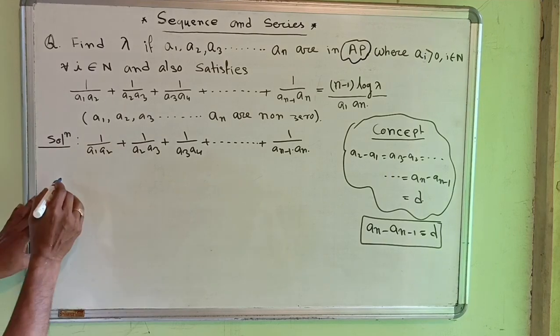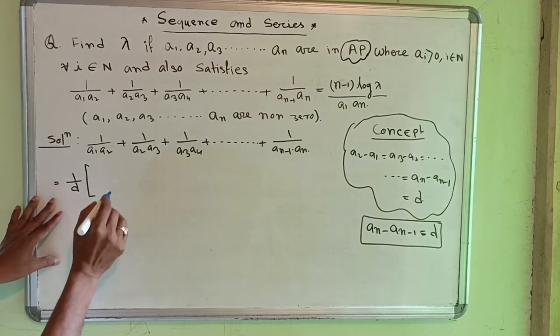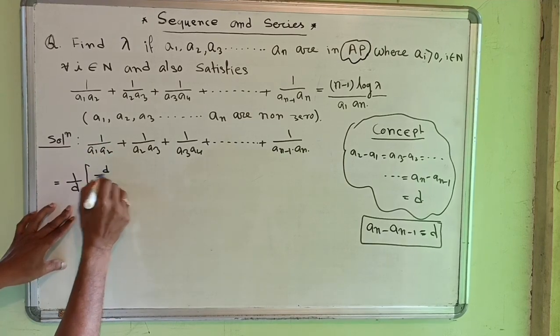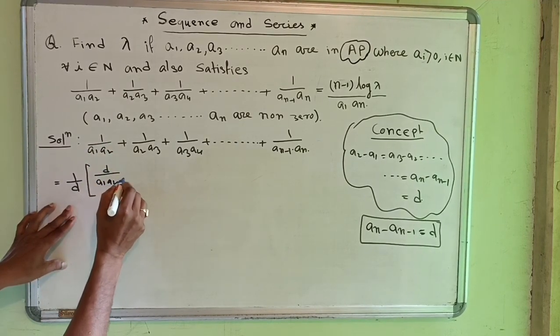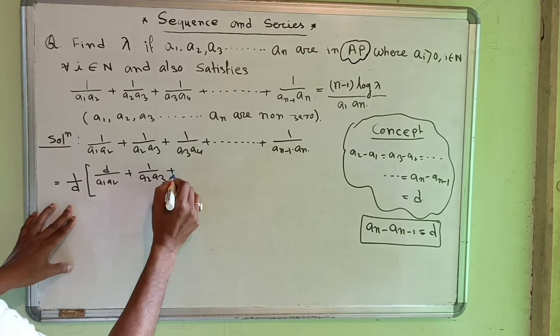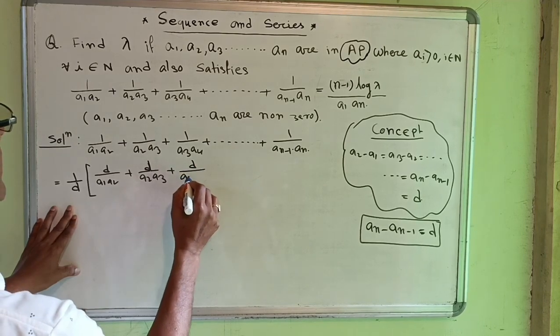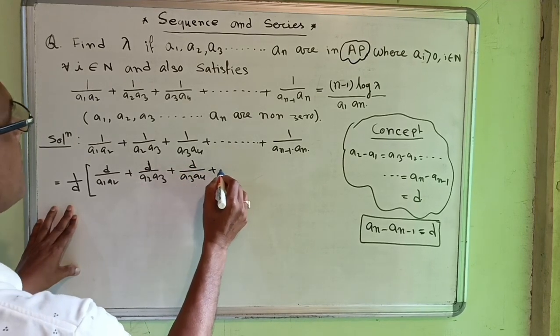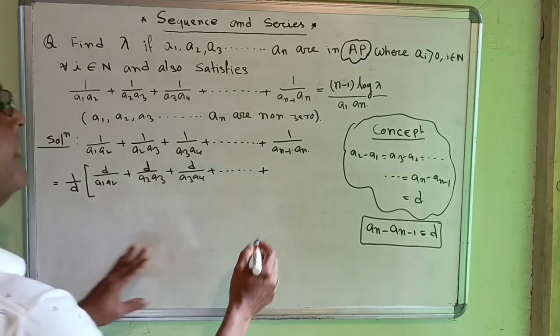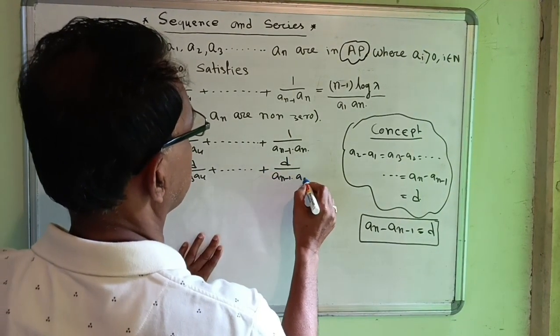If we multiply this by 1 by d, then we get d by a1 a2 plus d by a2 a3 plus d by a3 a4 plus and so on, plus d by an minus 1 into an.